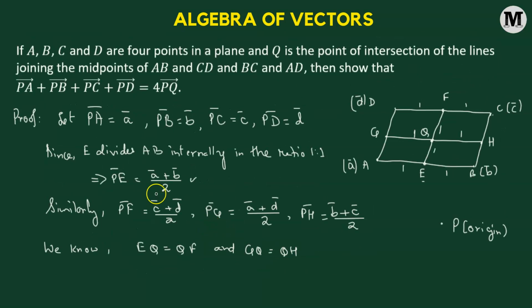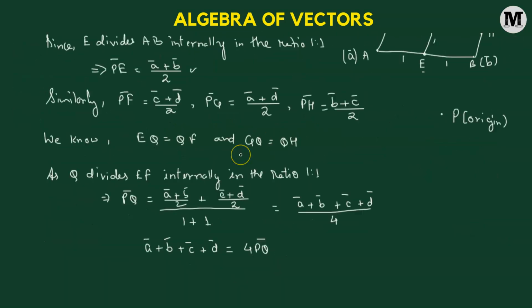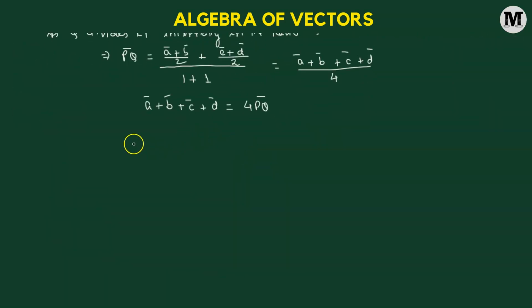However, we have already defined that A vector corresponds to PA vector, B corresponds to PB, C corresponds to PC, and D corresponds to PD vector. So let's substitute these values. So we have PA vector plus PB vector plus PC vector plus PD vector equals 4 times the vector PQ, and this is what we were asked to verify.